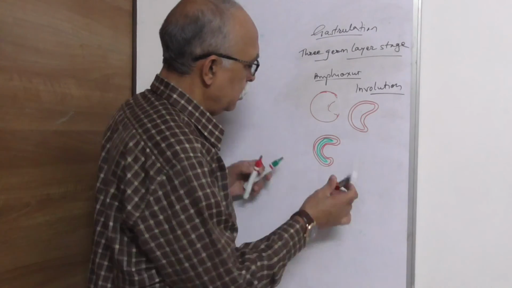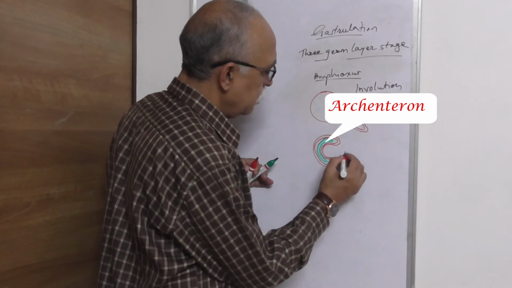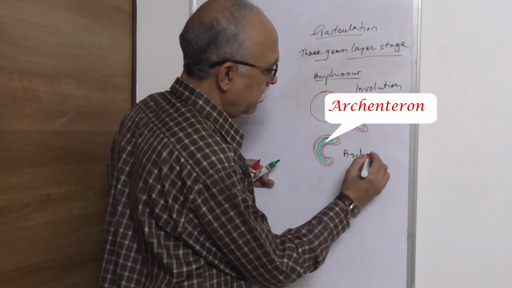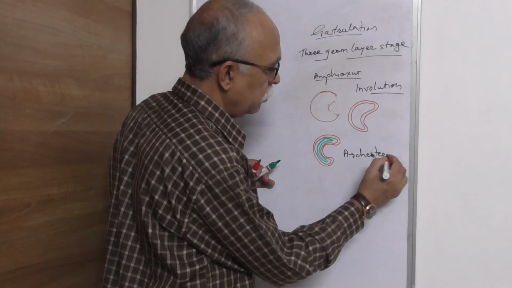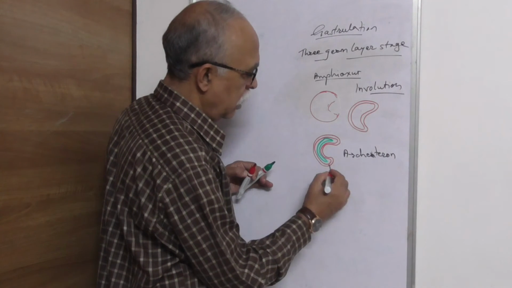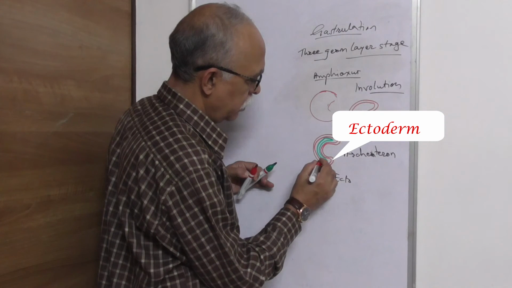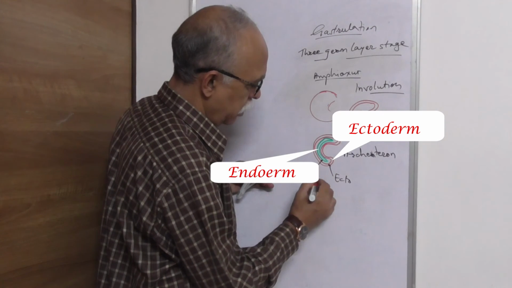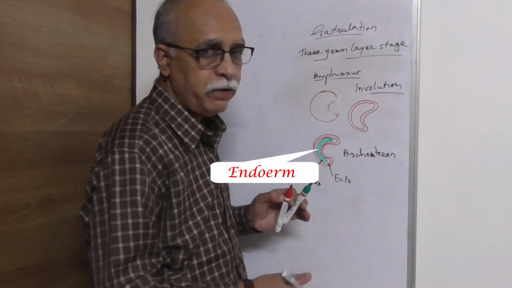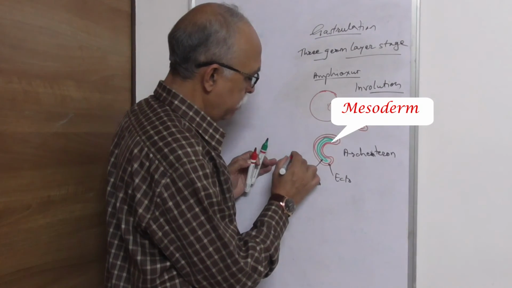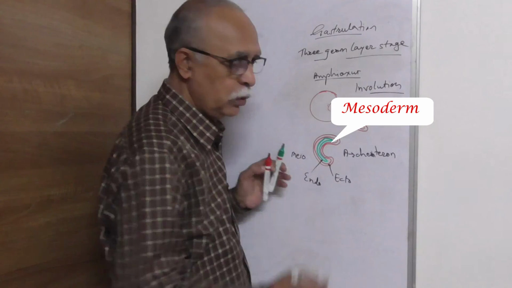The cavity is now called as archenteron. The outer layer would stay as ectoderm, inner layer would be endoderm, and in due course of time, one more layer will be developed in between, that would become mesoderm.